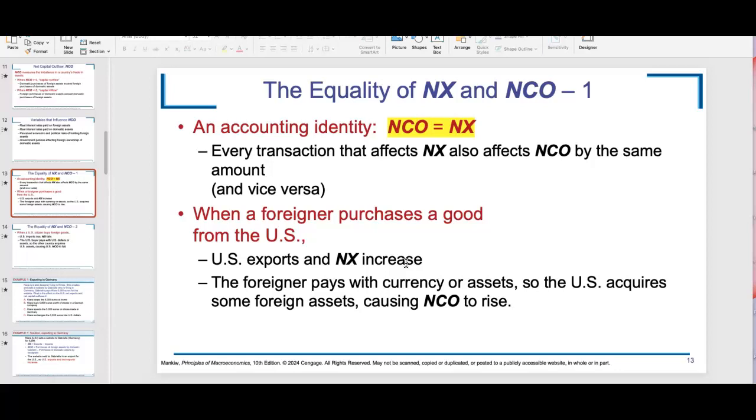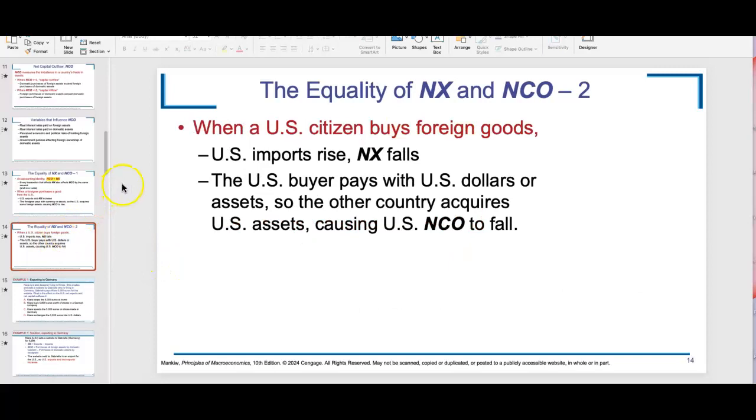There's that inflow. Now, when a U.S. citizen buys foreign goods, that affects imports. When imports rise, we're going to have a decrease in net exports. So the U.S. buyer pays with U.S. dollars or assets, right? So the other country is acquiring U.S. assets. And that's what happens when the money is going out of the country.